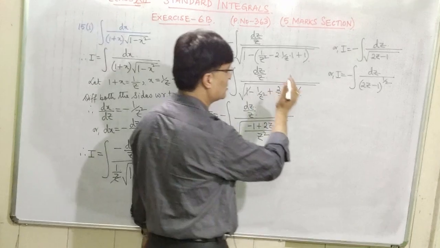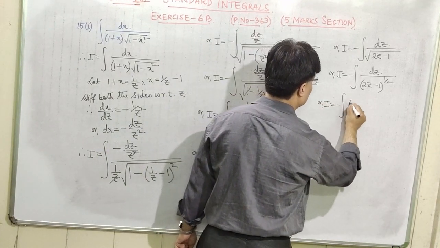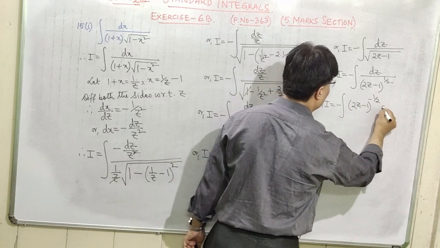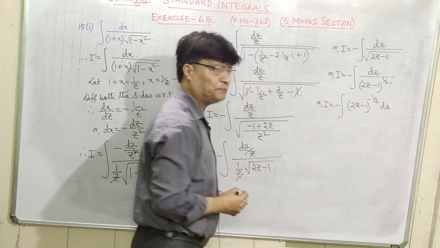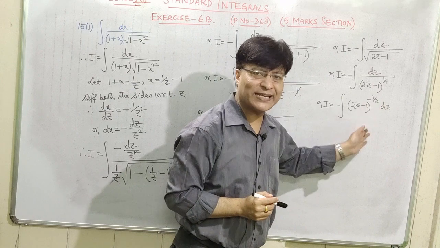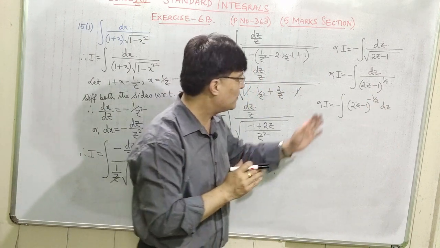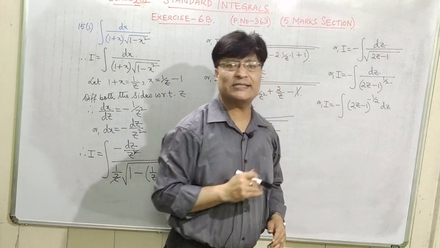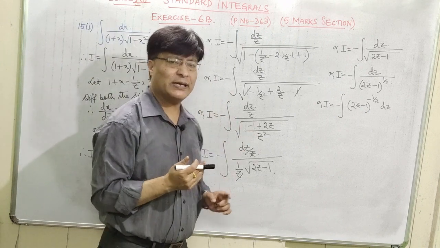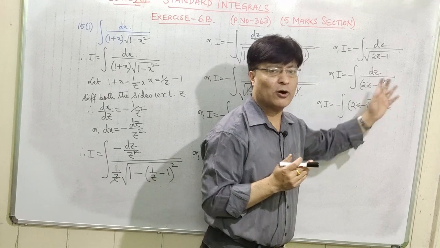Now it is taken to the numerator, or I is equal to minus integration of 2z minus 1 whole to the power minus half, then it is dz. Now this is just like your x to the power n form or z to the power n, because within the whole to the power minus half, the power of z is 1 in this case, that is 2z minus 1 is there. This 2z minus 1 can be taken as z. So it is in the form z to the power n.